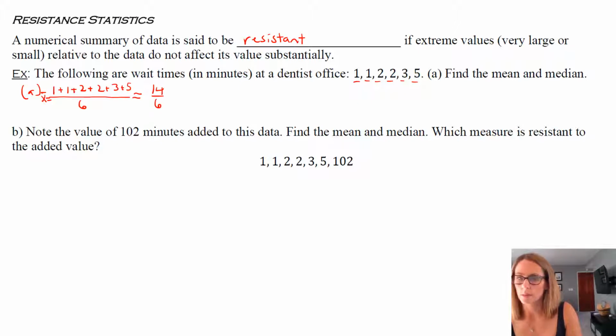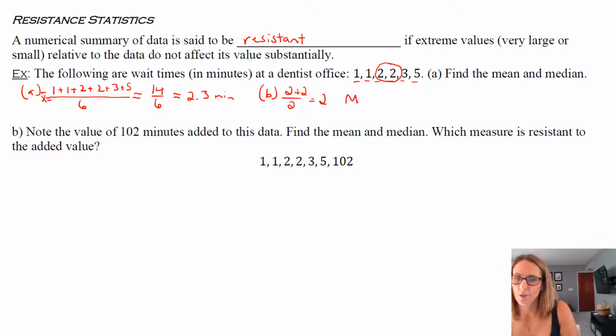So that gives us about 2.3. So 2.3 minutes is the mean. I'm going to round that to 1 decimal place because my data values are whole numbers. And then for B, the median, they're already in order. Because I have 6 values, it's 2 plus 2 divided by 2, which gives us 2. So the median is 2 minutes. Those are a couple measures of center.